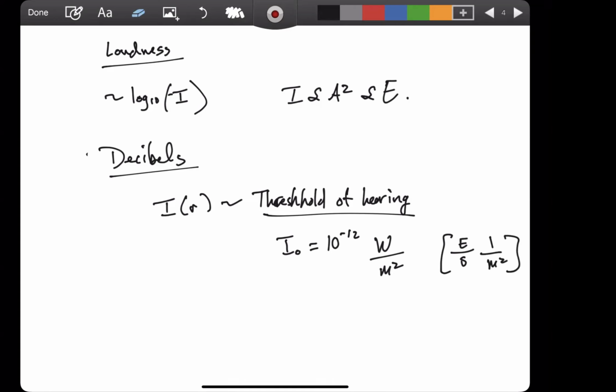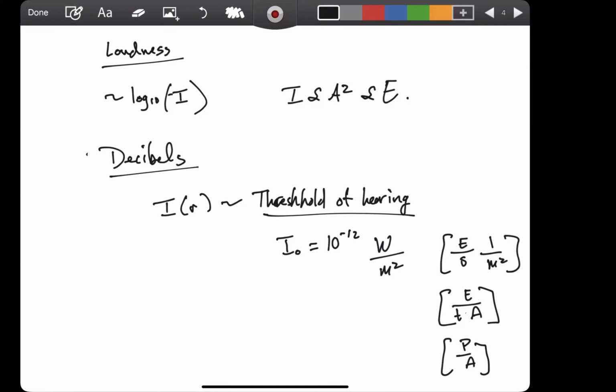So that's energy per time per meter squared, or per area. Again, a watt, or energy per time, is the same thing as power. So this is power divided by area. This is what we call intensity.